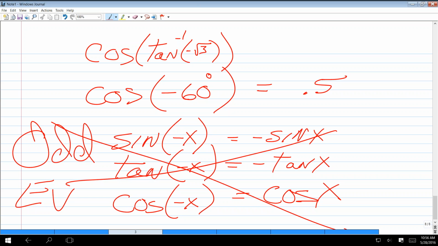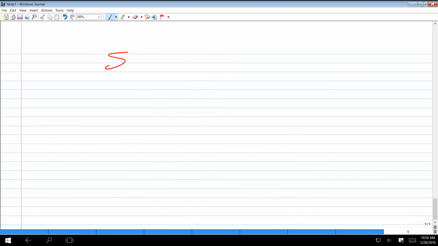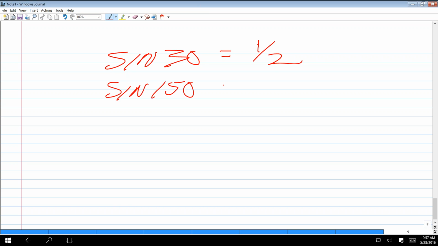But it is important to understand that when you take the inverse, you don't get both quadrants out of your calculator. In other words, the sine of 30 degrees is equal to 1/2, and the sine of 150 degrees is also equal to 1/2.